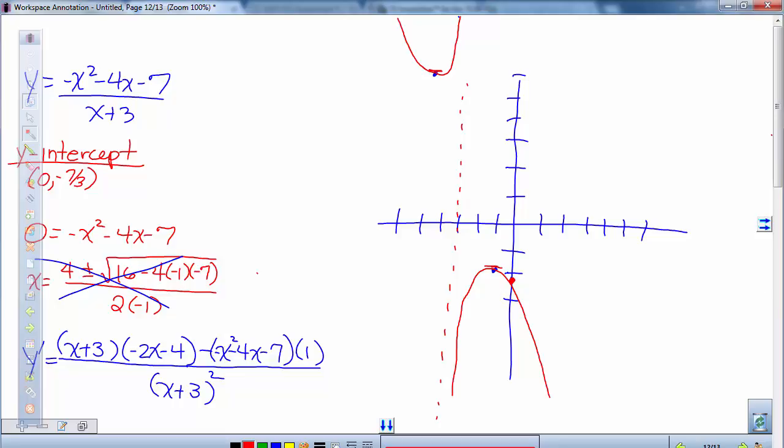The point is to be able to use the information to come up with the graph. Now, if you get the derivative wrong, if you get the wrong critical values, any of those things will just mess the whole problem up. So I'm going to work on trying to maybe give you the right information.